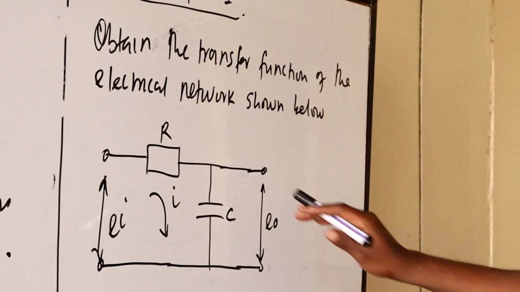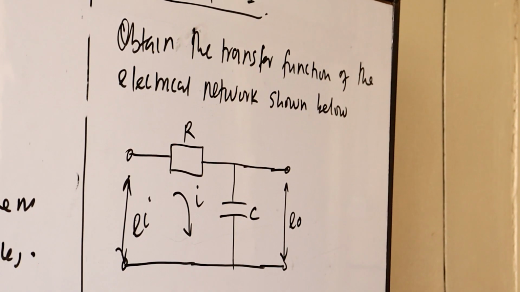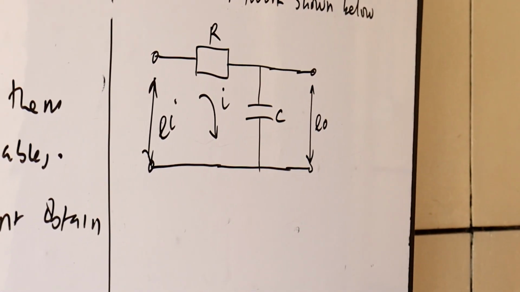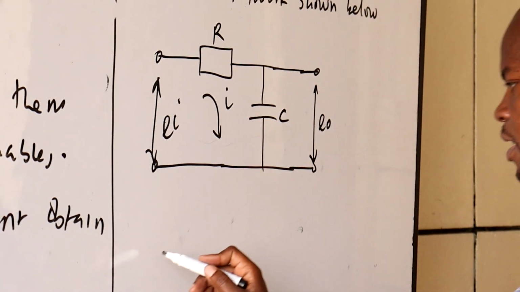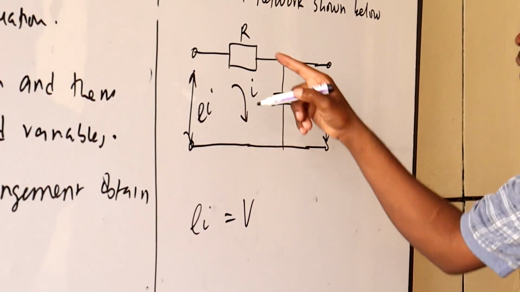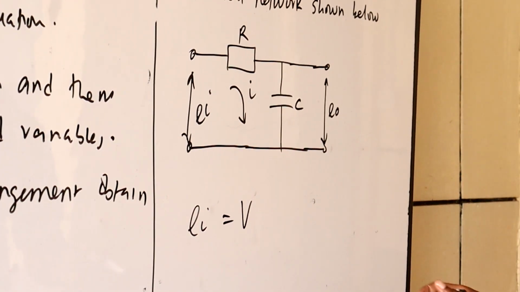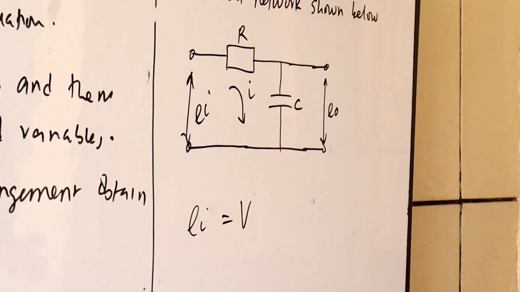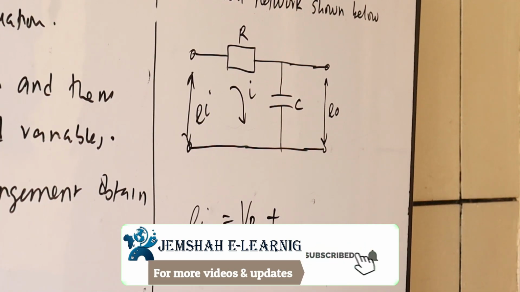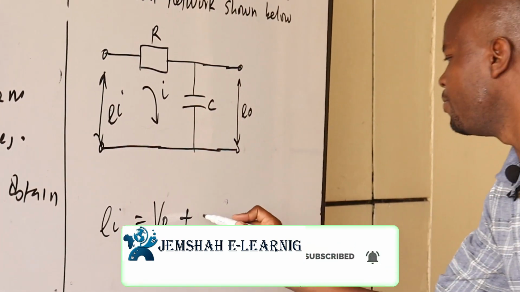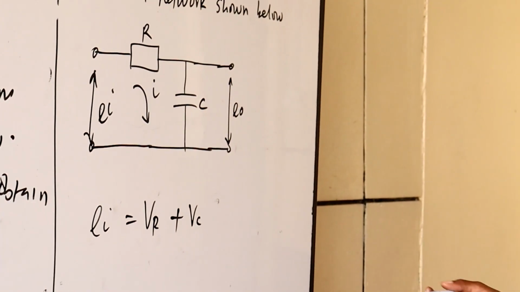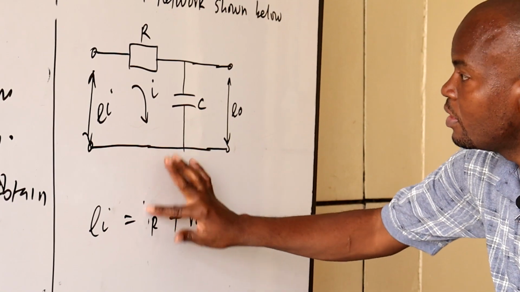In this case, we have this network. The first thing we can do is apply Kirchhoff's law. We can say that Ei is equal to the voltage across R, which we can call VR, plus the voltage across the capacitor, VC.